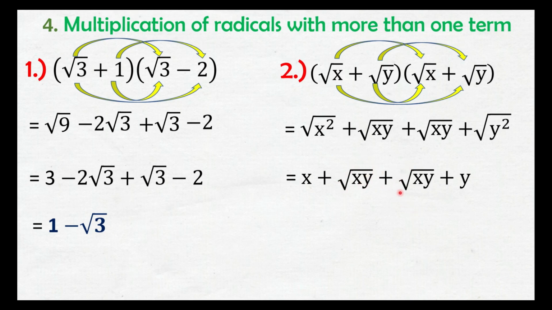Kakopy lang natin common radicals and i-add natin yung coefficient nila na invisible 1. Di ba? Meron tayong invisible 1 dyan. A-add natin ngayon yan. 1 plus 1, that is 2. Kaya makuha natin answer ay 2 square root of xy. And ito na yung magiging final answer natin. X plus 2 square root of xy plus y.